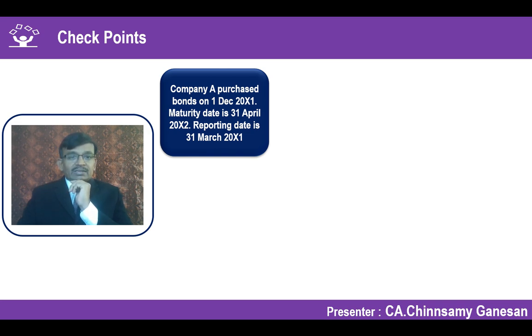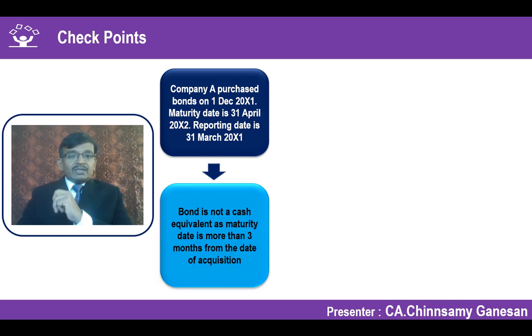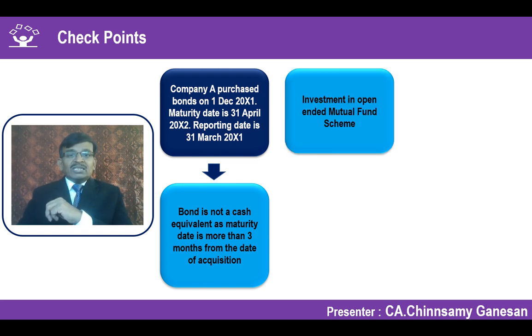Assuming that there is no significant risk of change in the value and it can be convertible readily into cash, whether it will be considered as cash equivalent. The one point which we have to see is that the maturity date is more than 3 months from the date of acquisition, and accordingly it cannot be cash equivalent as we have seen earlier.